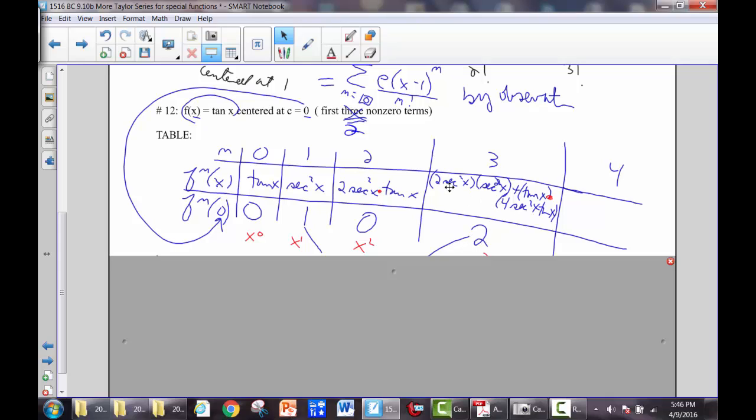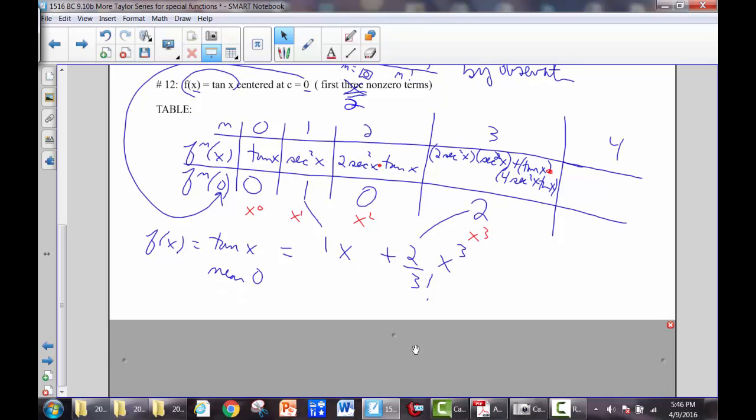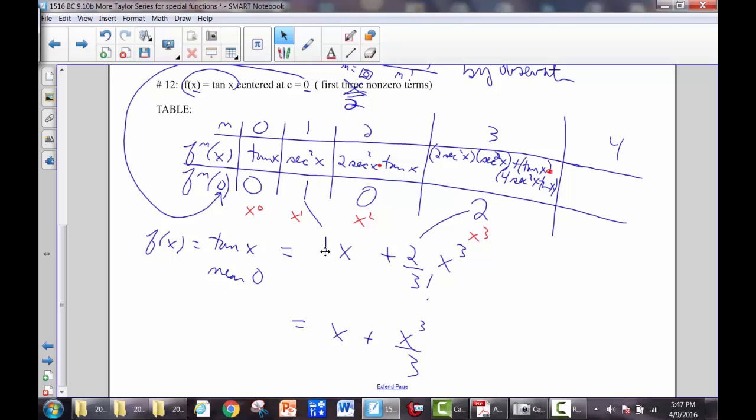This will give 1 times 2 times 1, which is 2, plus 0 times who cares what. So we get 0, which is the numerator of the coefficient of x to the 0. This is the numerator of the coefficient of x to the 1, so it's 1, x to the 1 over 1 factorial. Then there's 0 x squared, but for x cubed, there's 2 over 3 factorial x cubed. So that's near 0, and therefore that gives x plus x cubed over 3.